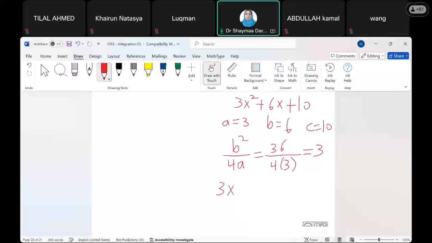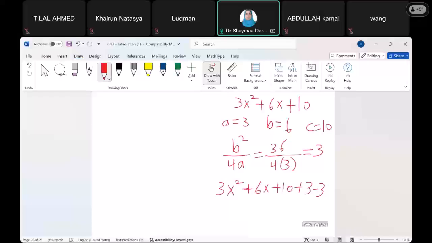3x squared plus 6x plus 10 plus 3 minus 3. Plus 3 minus 3 to complete the square.